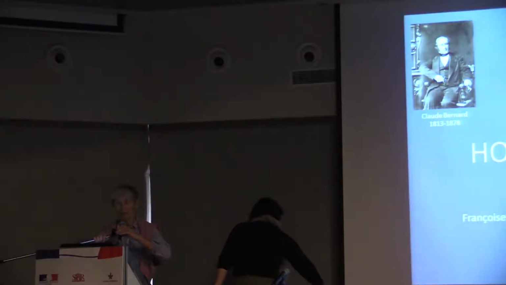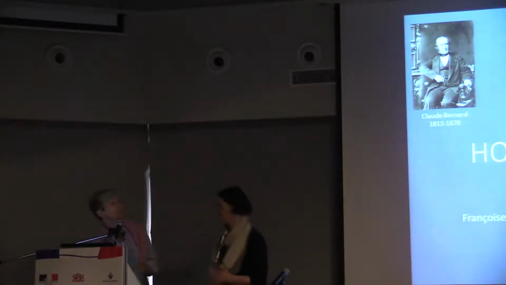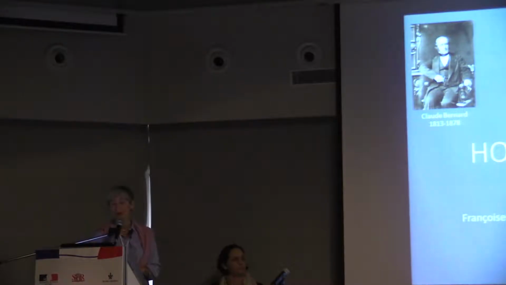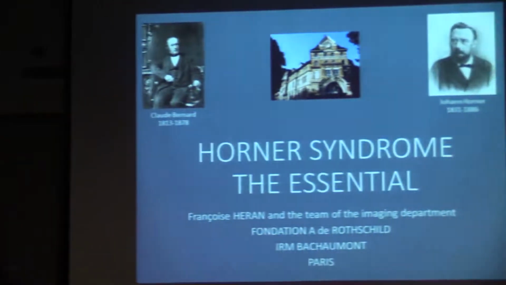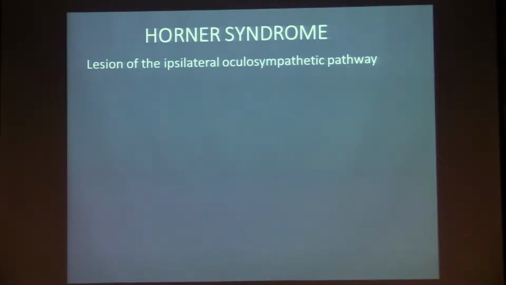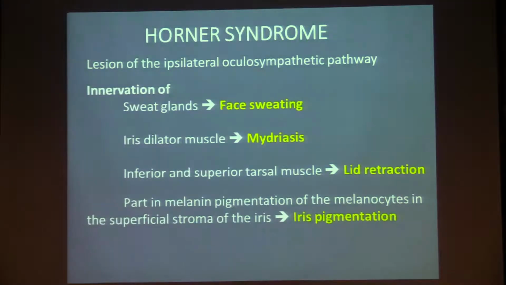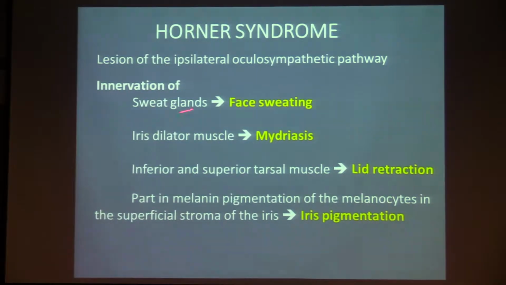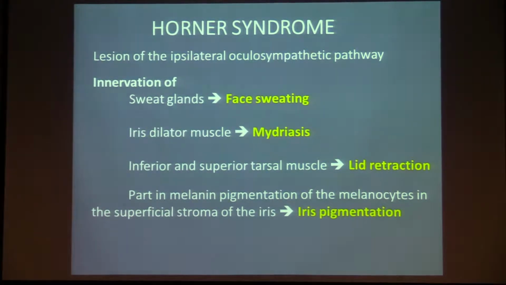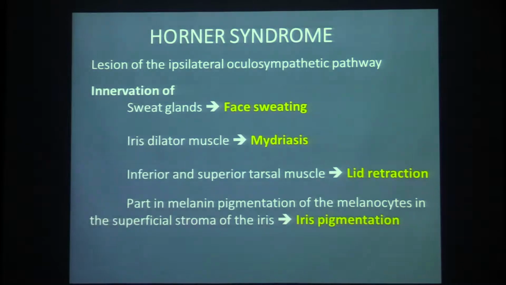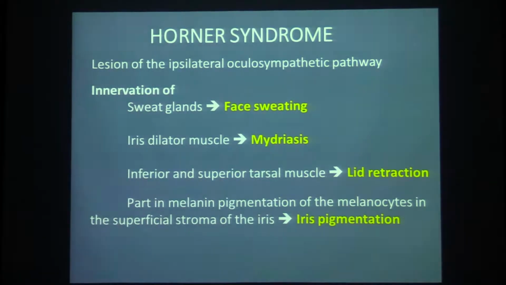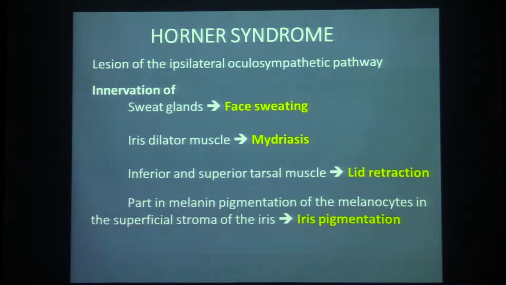Okay, so I'm just going to give you a little talk about Horner syndrome. As you know, Horner syndrome is due to a lesion of the ipsilateral oculosympathetic pathway. This sympathetic pathway has a big part in the innervation of the sweat glands, which means face sweating, and the iris dilatator muscle, and it causes mydriasis.